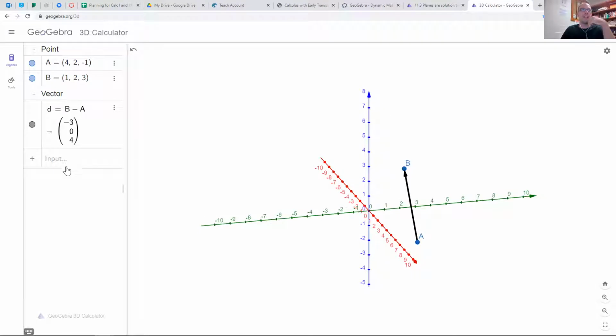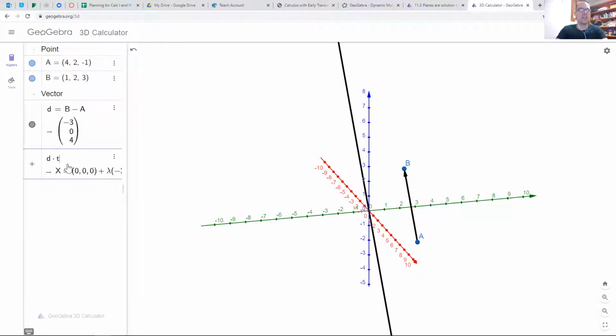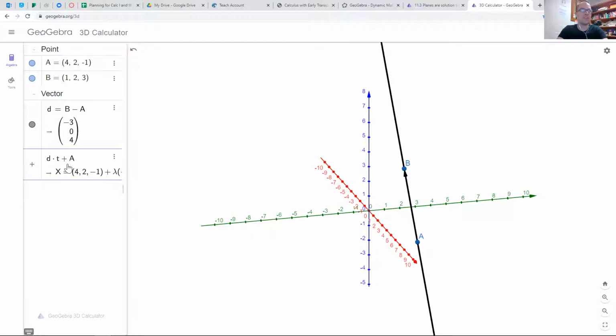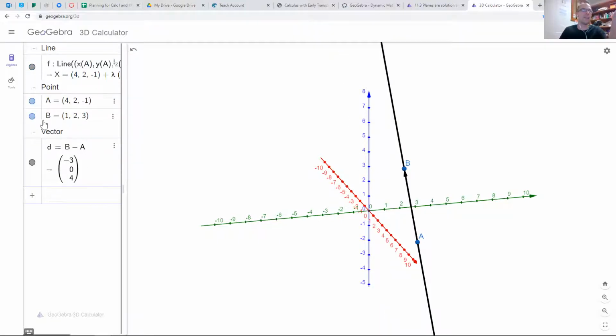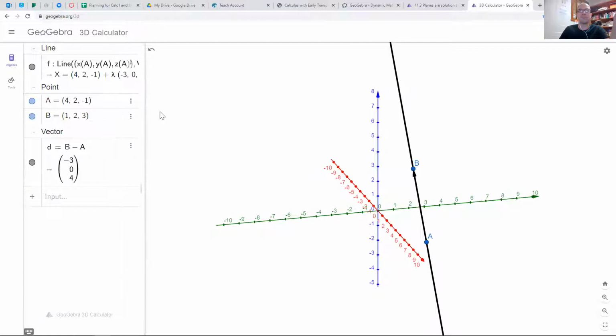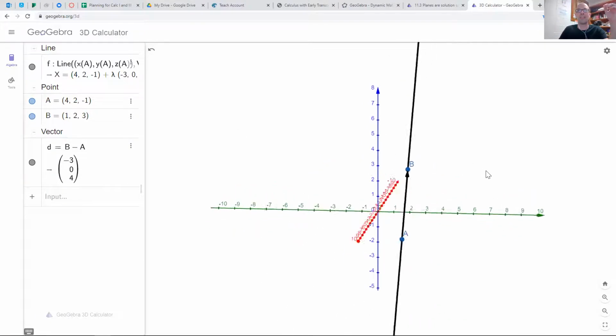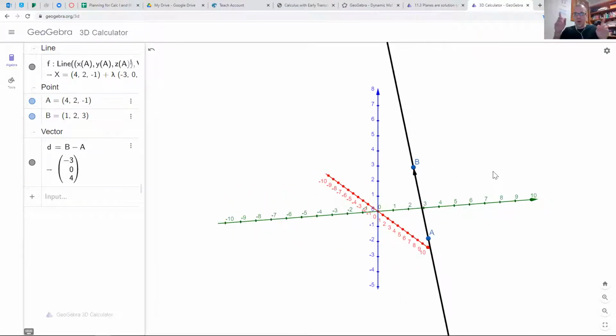Okay, great. But then in order to make the line, we could just do d times t, that's the direction vector that we want to use, and then plus A gives us the line that we want. And, indeed, it goes through those 2 points exactly like we want it. Okay, example 1, done.